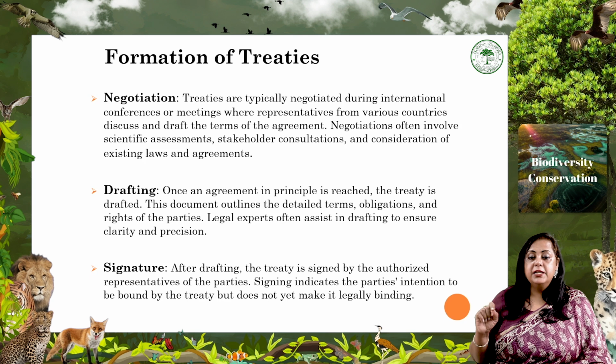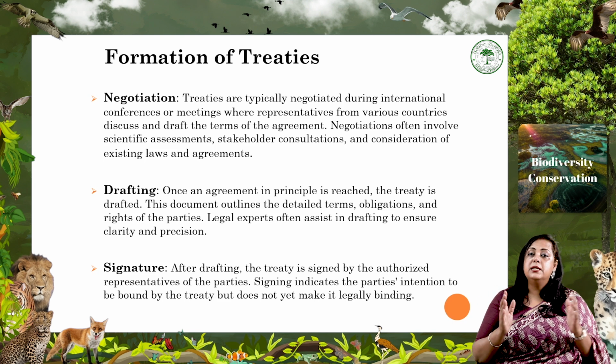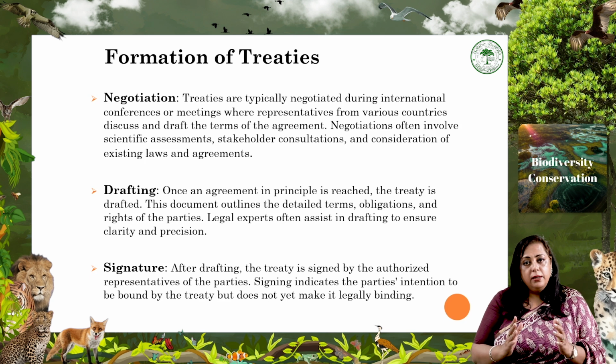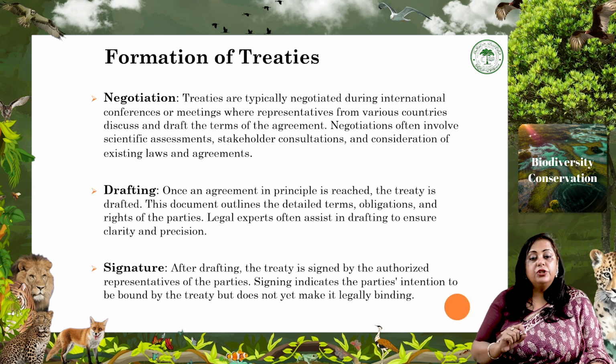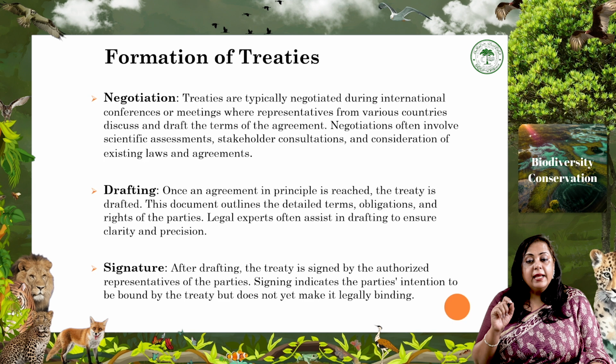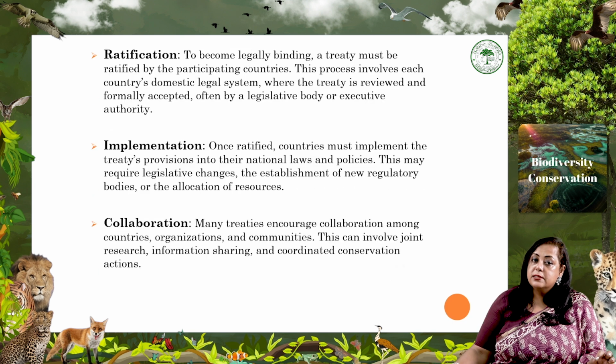Signing indicates the parties' intention to be bound by the treaty but does not yet make it legally binding. It is a document which is ready in the presence of these people. So they sign, that is called signature. So we negotiated, drafted, and then signed.